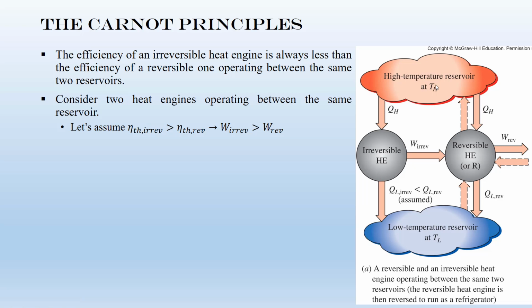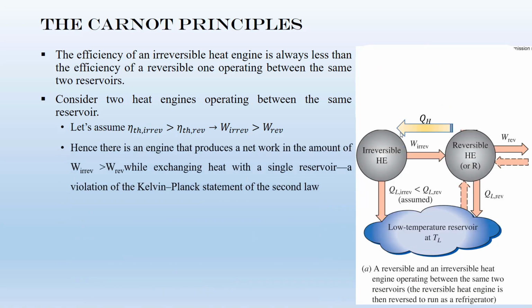So we already assume that the QH is the same for both cycles, correct? So we can cancel this reservoir and then we can directly transfer QH from the reversible refrigerator to the irreversible heat engine.